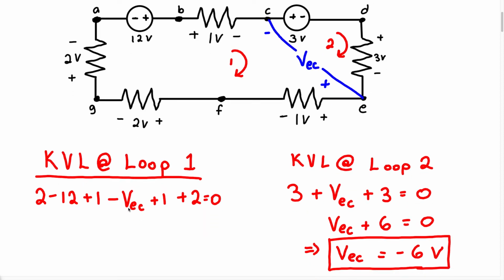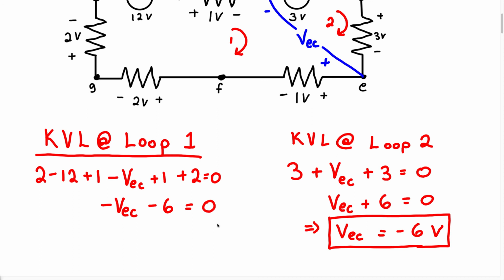So they want us to find VEC. So let's write this as minus VEC. If you do 2 minus 12 plus 1, now let's just add all of the numbers, okay? We have 2 minus 12 plus 1 plus 1 plus 2. That's going to give you minus 6 equals 0.